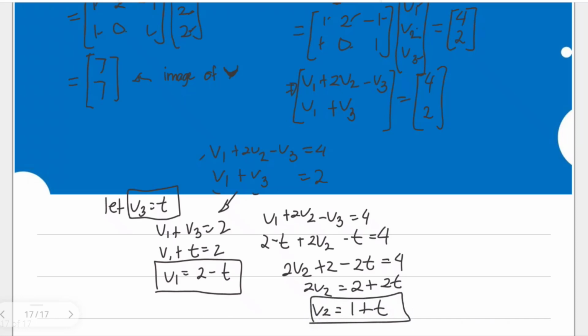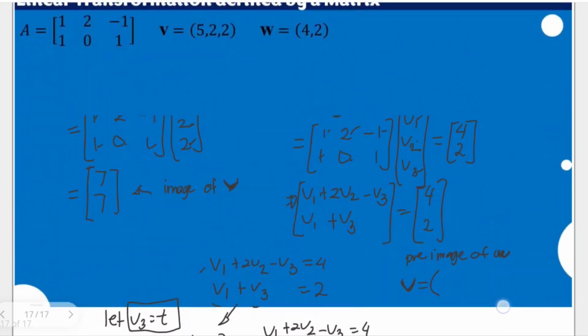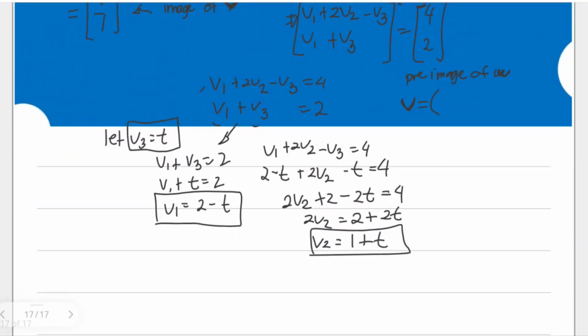In short, this is now the pre-image of our vector w. It is a vector v with three components: v sub 1 being 2 minus t, v sub 2 being 1 plus t, and v sub 3 which is t. But of course, this is very vague in nature, so let's make it in the form of a set.